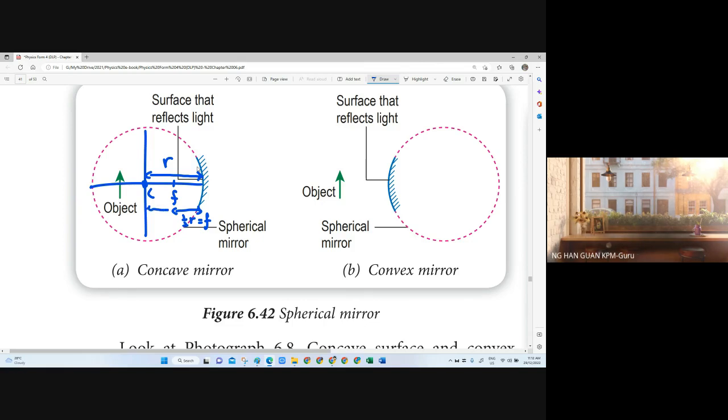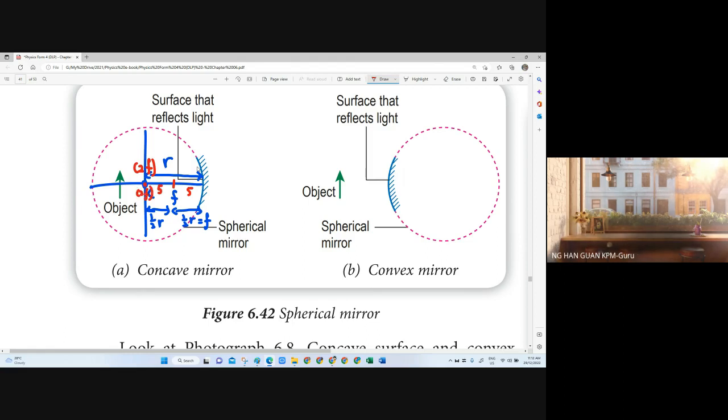The other half of the radius here is also half of the radius. That's why the C is also considered as the 2F. Because let's say the F is 5 centimeters, here is 5 centimeters, and here is another 5 centimeters, so C becomes 2F.